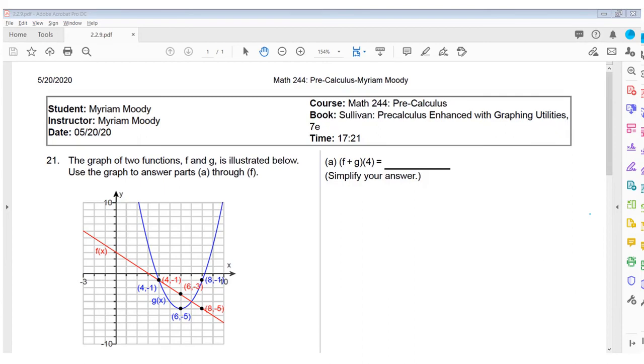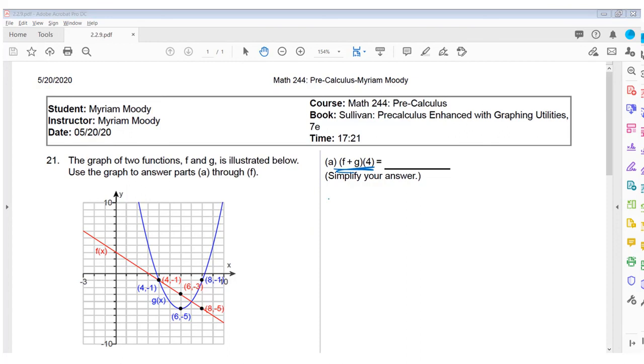It's a graph. And this graph is actually a lot simpler than it looks. Let's look at part A. Part A would like us to figure out this, f plus g of 4. Now, you're like, how am I going to do that with a graph?